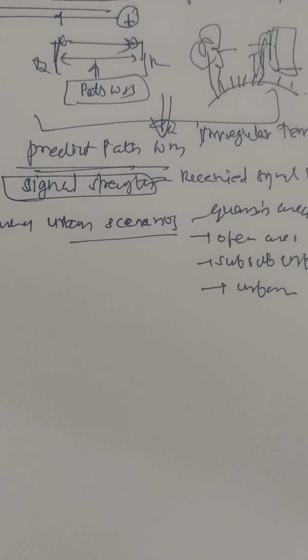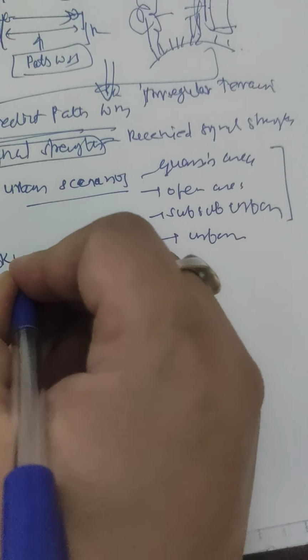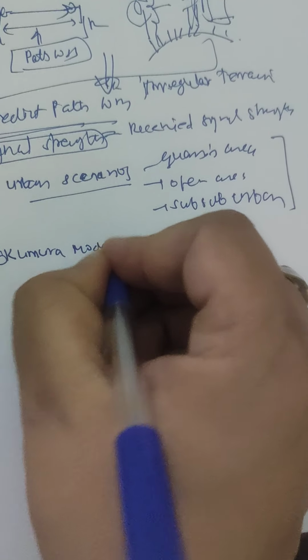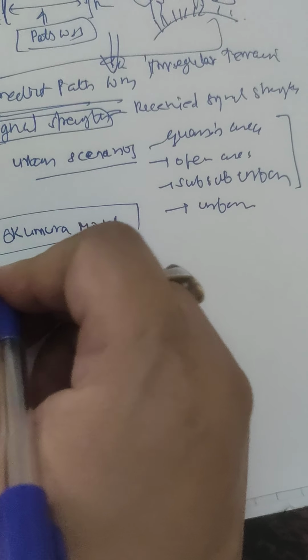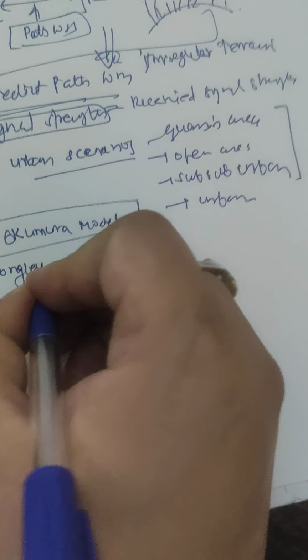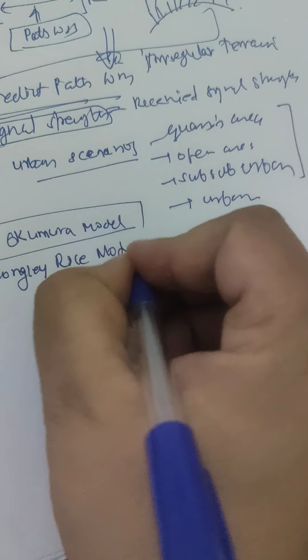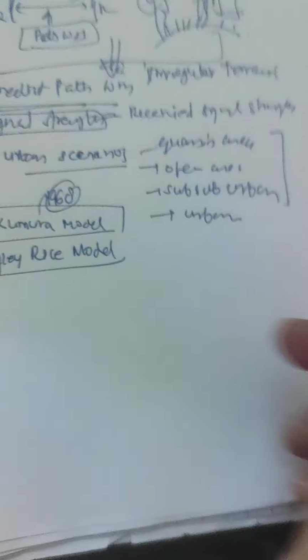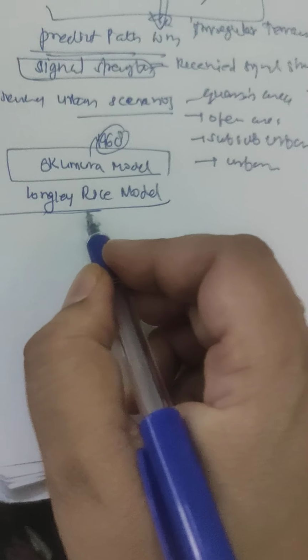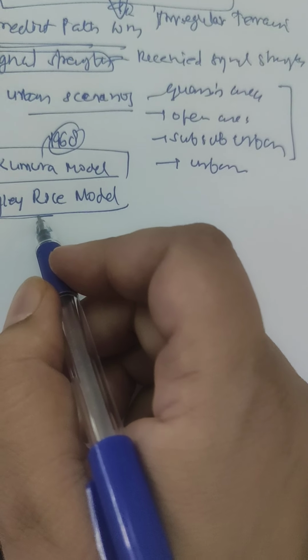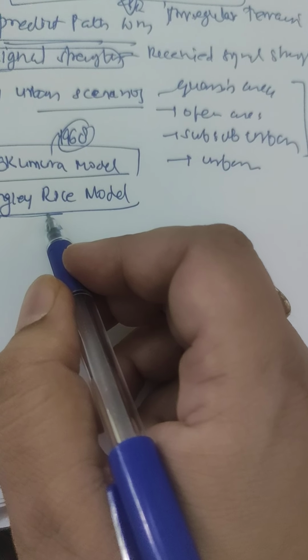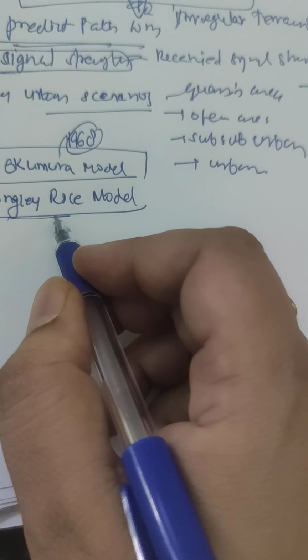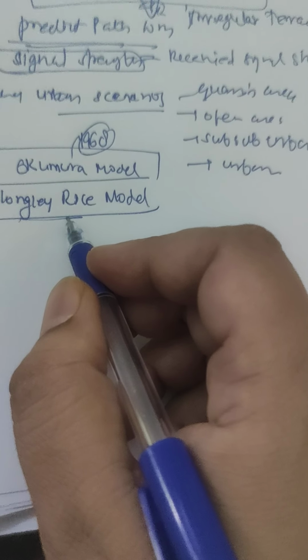There is one model that came out, called the Okumura model. Before this model, the first model was the Longley-Rice model. The Okumura model was given in 1968, and the Longley-Rice model is for a specific point area, called the sector.